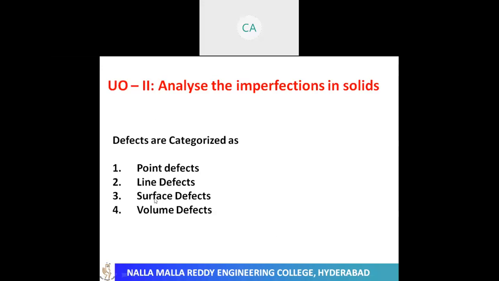Surface defects are interfaces between homogeneous regions of the material. And the last type, voids are regions where there are a large number of atoms missing from the lattice, that is known as volume defects.